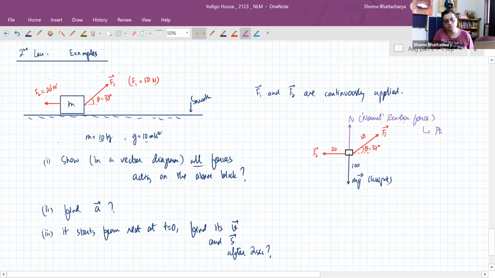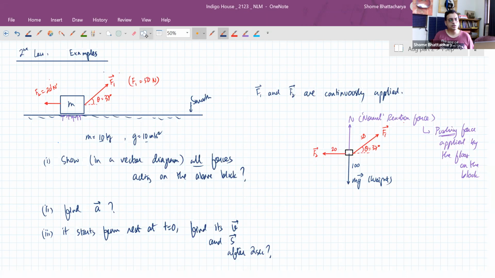So this is the pushing force applied by the floor on the block. So what happens is, the floor is applying a sort of pressure into area kind of force like this at every point. So that vector sum, that net force is what we call the normal reaction force.